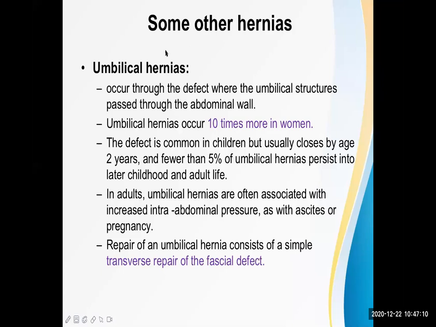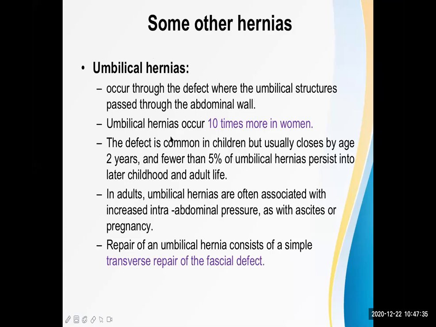Fine. Now, after talking through all those different aspects of inguinal hernia, let's talk about some other types of hernia, like umbilical hernia, incisional hernia, and things like that. The umbilical hernia occurs through the umbilicus, through the defect where the umbilical structures pass through the abdominal wall.